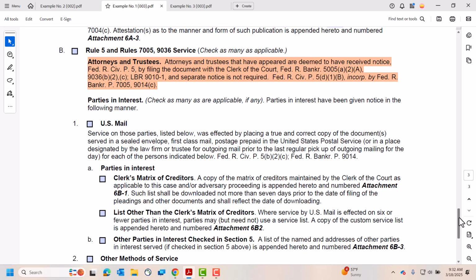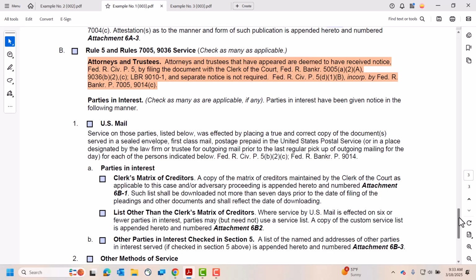The majority of noticing under Rule 5 will be memorialized under Section 6B1. Whenever box 6B1 is checked, it is incumbent to append attachment 6B1, 6B2, or 6B3 to the certificate of service.